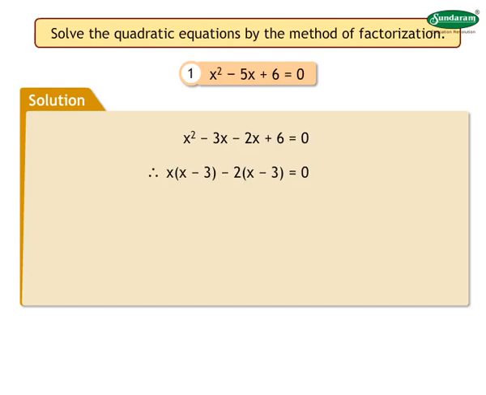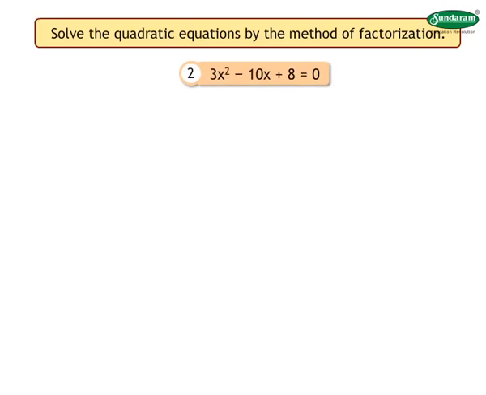Therefore, x into x minus 3 minus 2 into x minus 3 is equal to 0. Therefore, x minus 3 into x minus 2 is equal to 0. Therefore, x minus 3 is equal to 0 or x minus 2 is equal to 0. Therefore, x is equal to 3 or x is equal to 2.